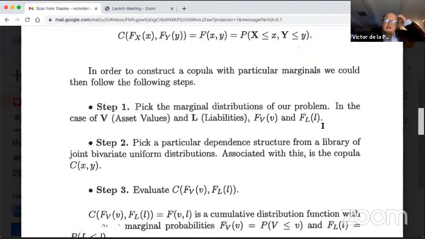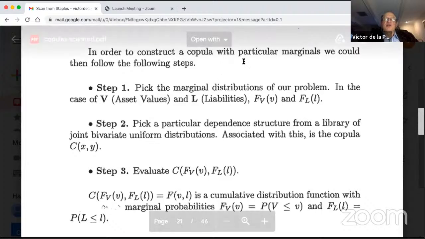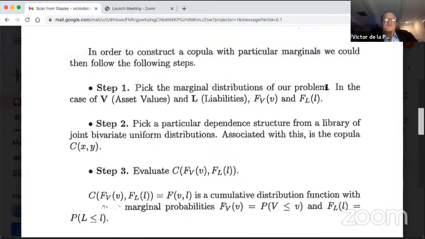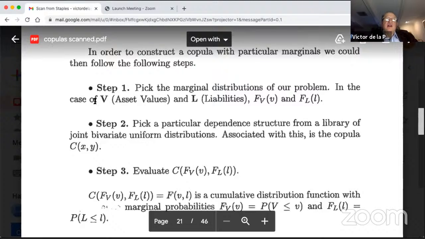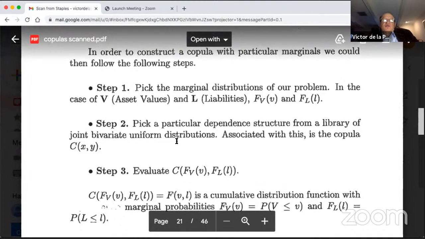So in order to construct a distribution with a copula and particular marginals, what you do is the following. Step 1, we pick the marginal distributions for our problem. In the case of asset values V and liabilities L, it would be FV of V and FL of L. Step 2, pick a particular dependence structure from a library of joint bivariate uniform variables.